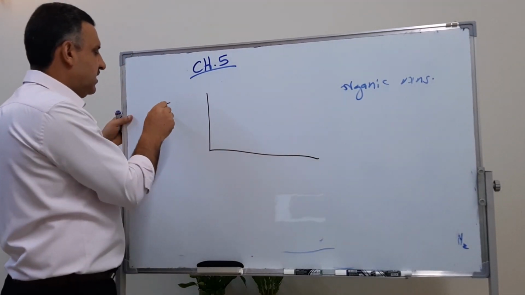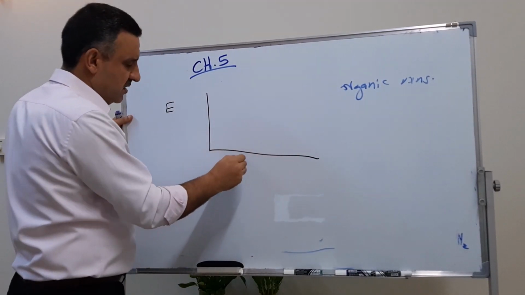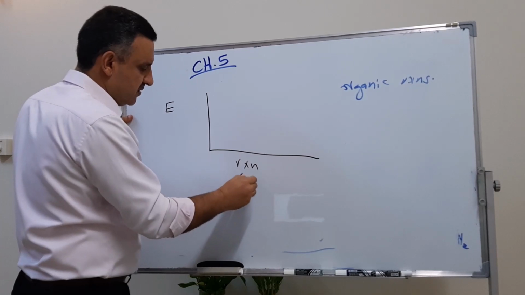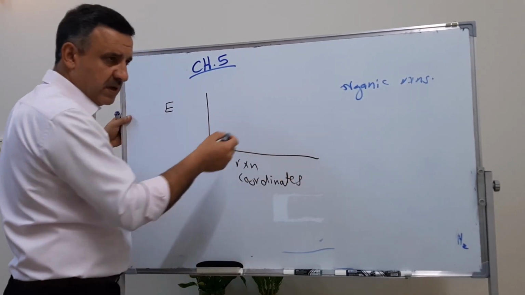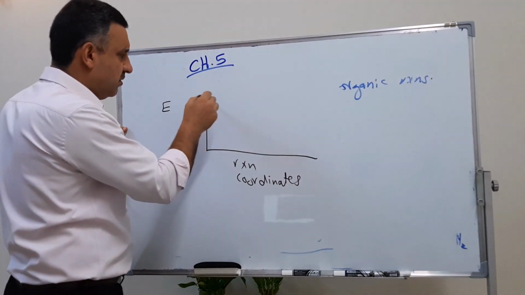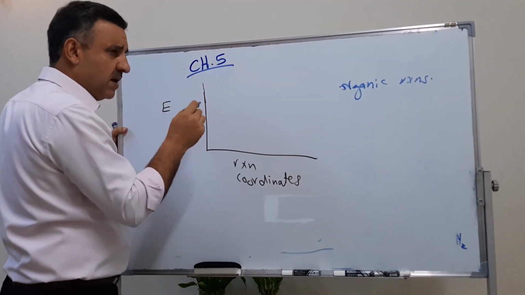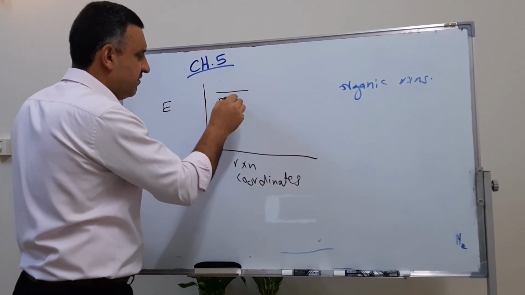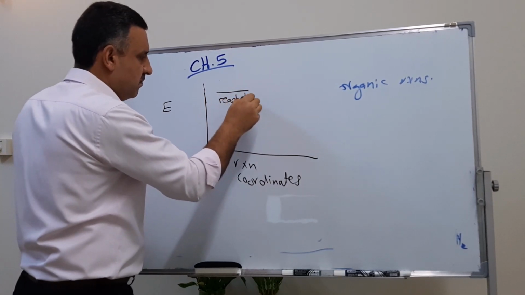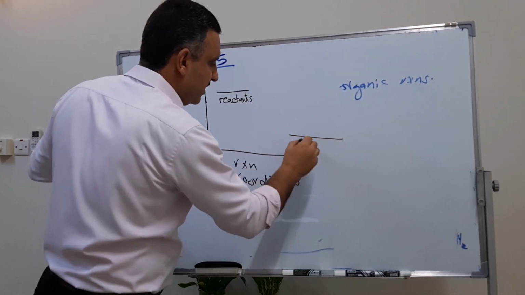So this is the energy, and this is the reaction coordinate. We have discussed an example of an exothermic reaction. So the reactant is at this level, and the product is at this level.